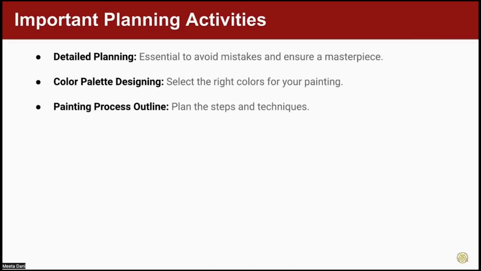So you create a plan of exactly how you are going to carry out the entire painting. What kind of techniques are you going to use? Because if you are using some techniques which really need your paper to be thick, or if you are using some technique where you would like the texture to be too visible, then those kind of planning will help you understand what kind of paper you are going to use.